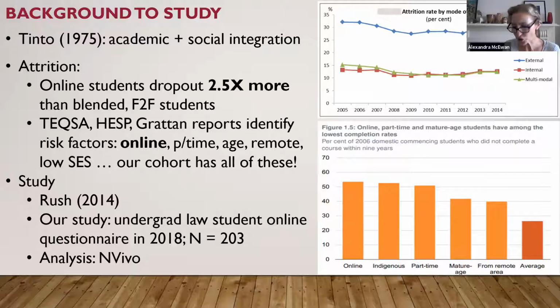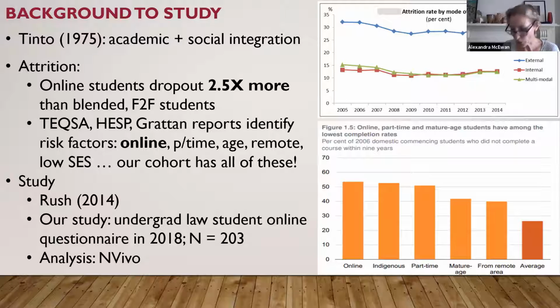Institutional commitment is about peer relationships, the interactions that students have and the connections they have with faculty members. These two commitments to goals and institution are how students integrate into the tertiary education institution. They integrate socially, when you think about universities as a social system, but also academically through their intellectual work and their grades.